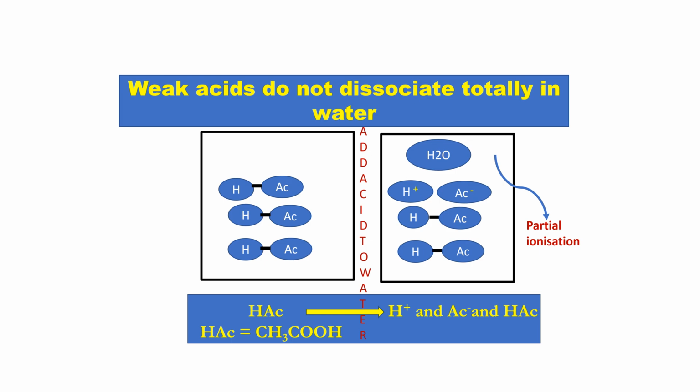This is what differentiates between a strong acid and a weak acid. The ability to ionize completely in water is what makes one acid stronger and the other weaker. Stronger acids, such as HCl, have complete ionization, while weak acids, such as acetic acid, have partial ionization in water.